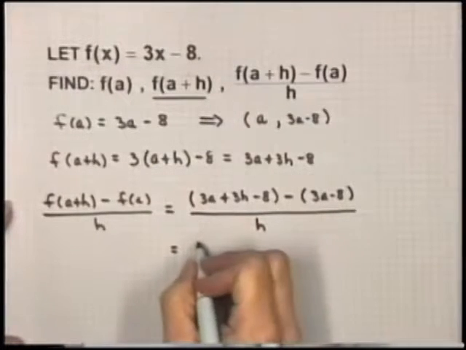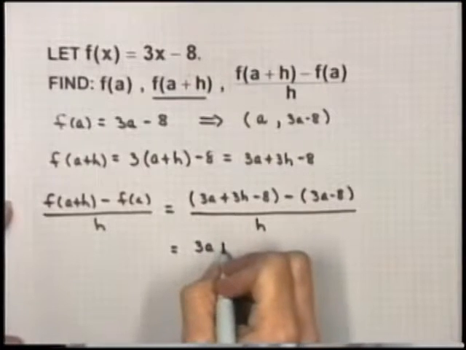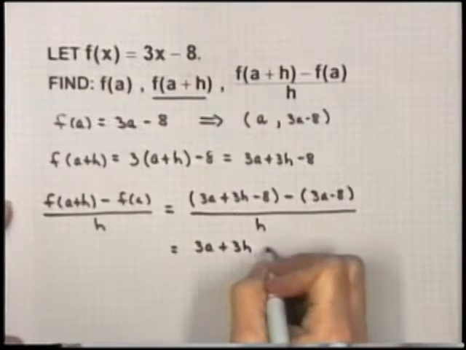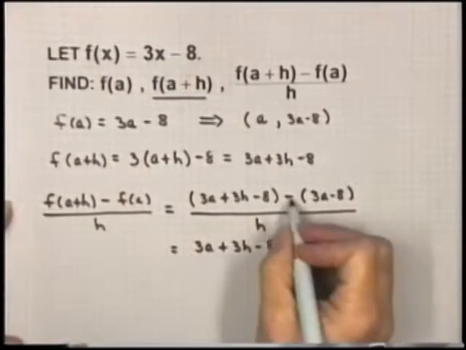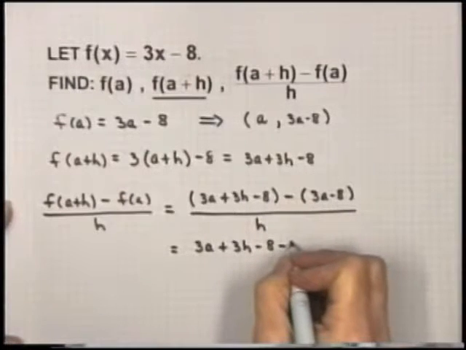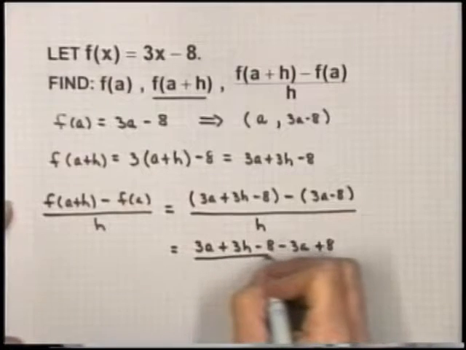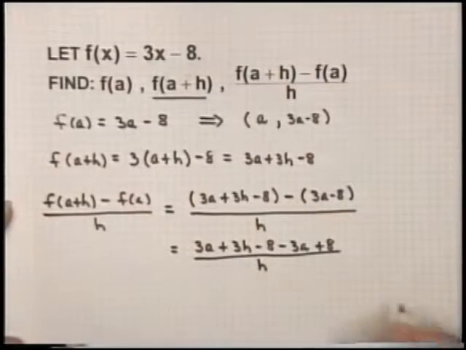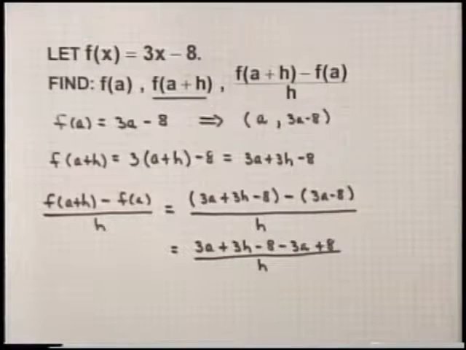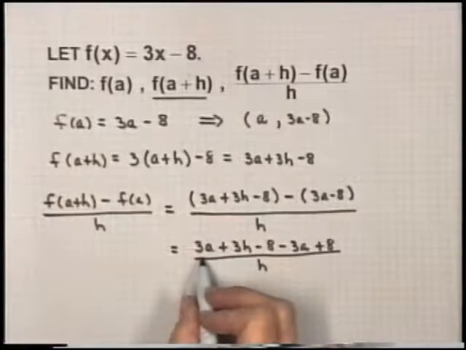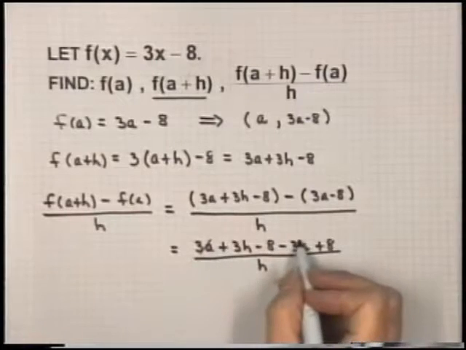Let's remove parentheses. I have 3a plus 3h minus 8. Distributing our negative, we will have minus 3a plus 8. All of this is still over h. Now look at that numerator. 3a subtract 3a is 0.